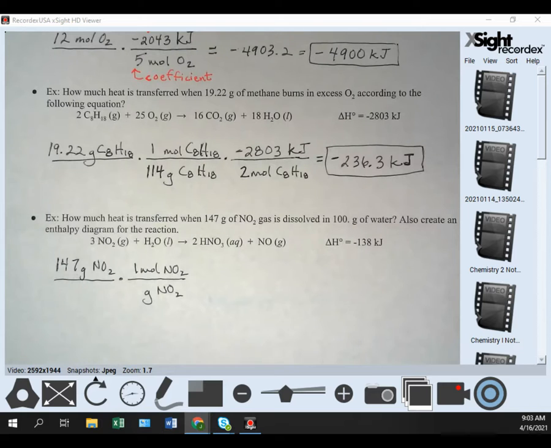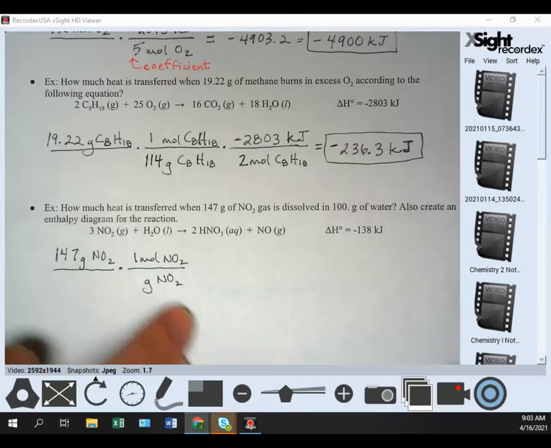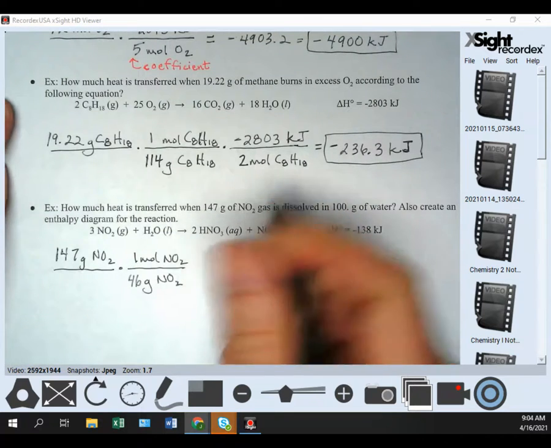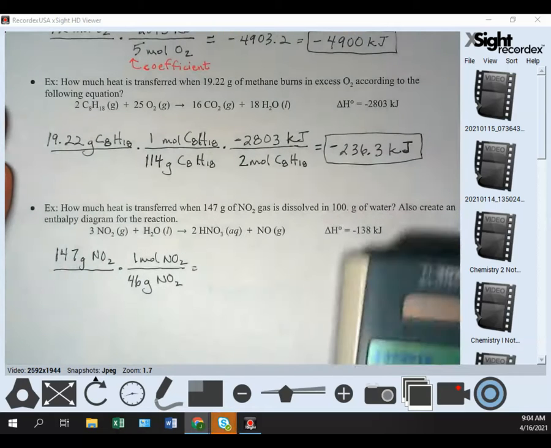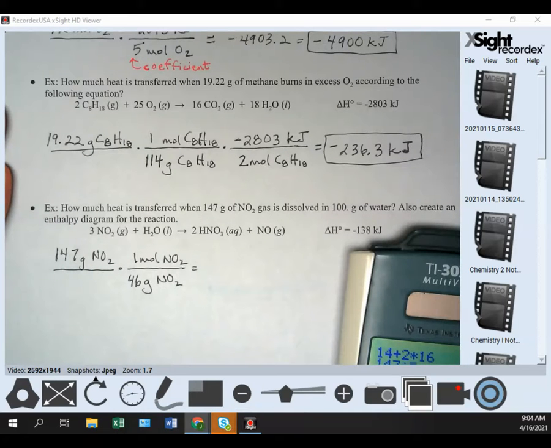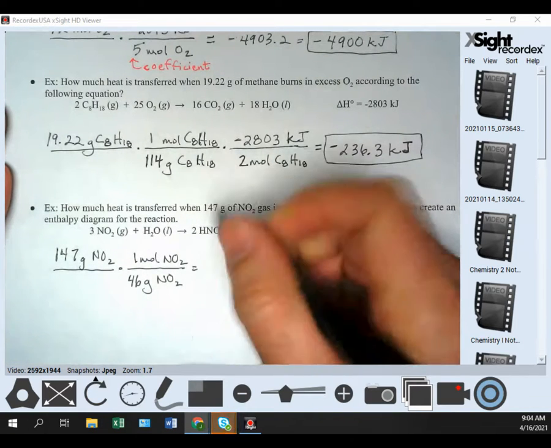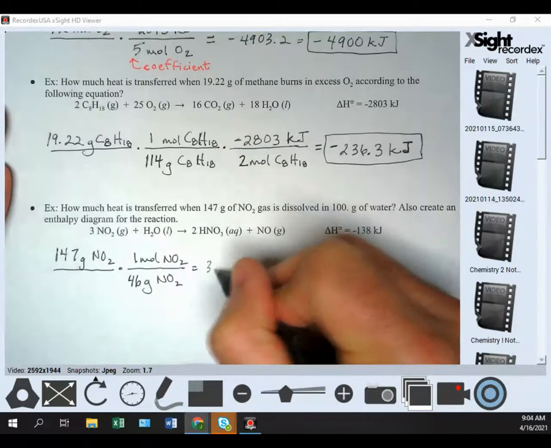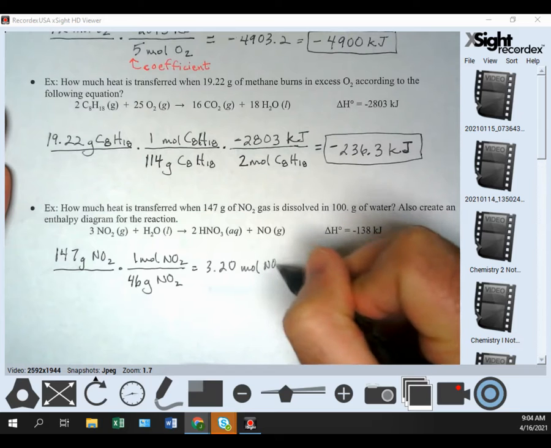So N is 14 times 1 plus oxygen is 2 times 16, 46. Okay. So we're turning that into moles. So 147 divided by 46 gives us, three significant figures would be 3.195. So it'd be, yeah, 3.20 moles of NO2.